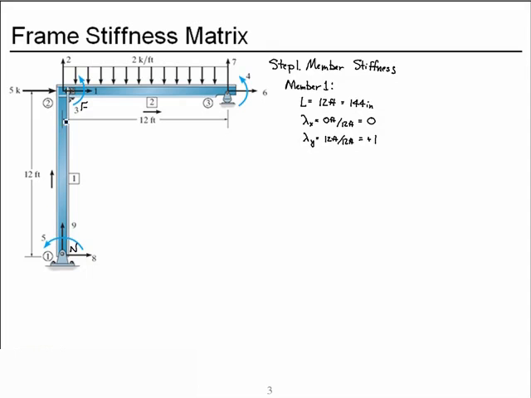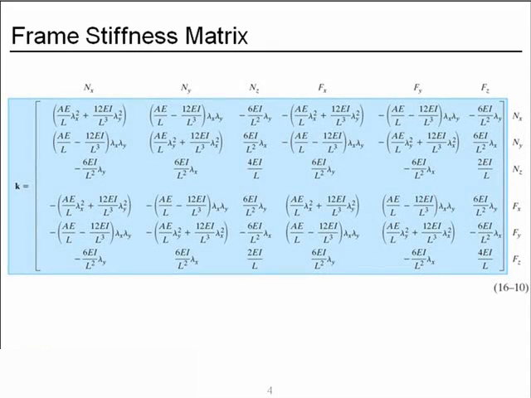For a coplanar frame element, the member stiffness matrix will have 3 plus 3, that is 6 degrees of freedom. So the matrix is 6 by 6, and we can find it written as a formula, equation 16-10, from our text.